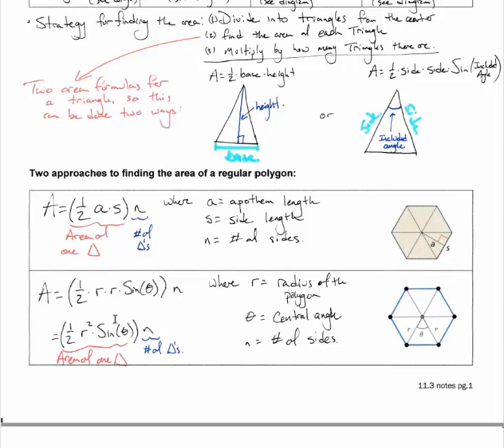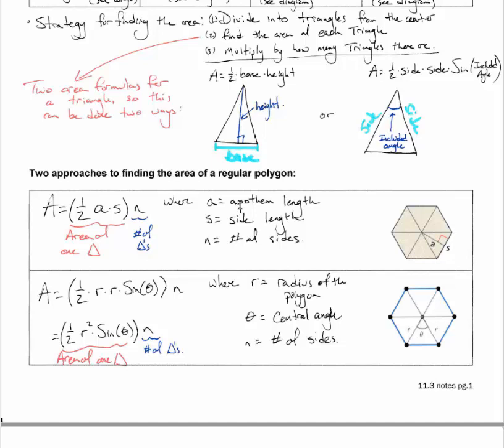So with those two things in place, depending on what information you have to start with for your regular polygon, that should guide you to determine which of these two formulas will be the easiest to use and the most simple to apply. If you're willing to do a little bit of trigonometry, you can always use the same formula every time.